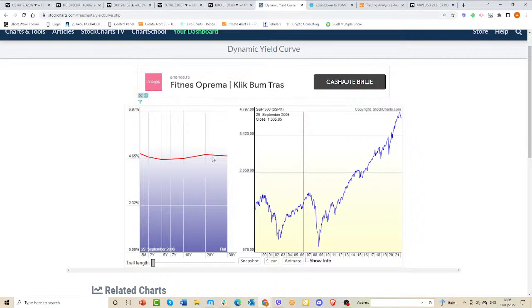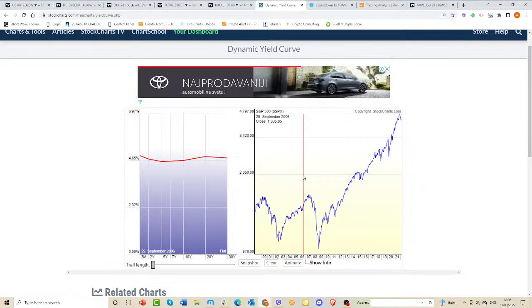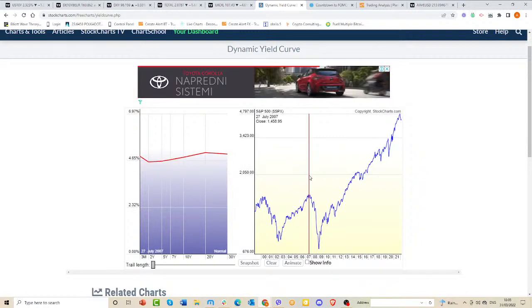Usually 6 to 8 months after the yield curve inversion, you will see a recession. As you can see, this was in 2006, and then we had, of course, a financial crisis.